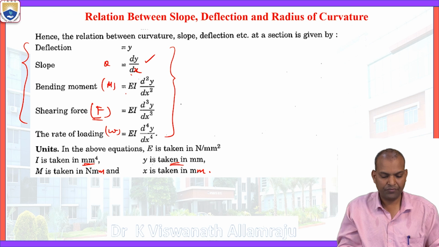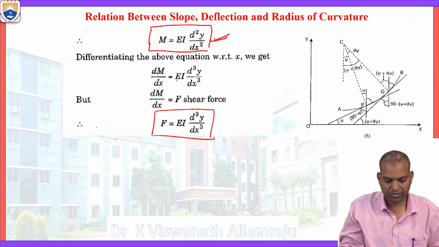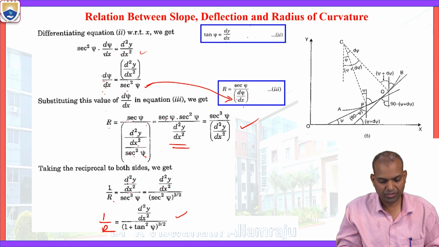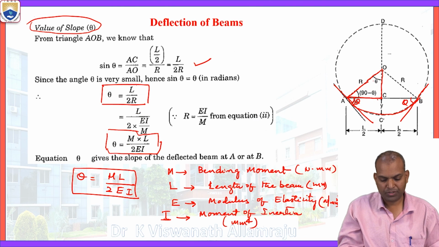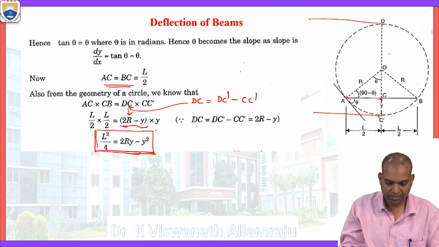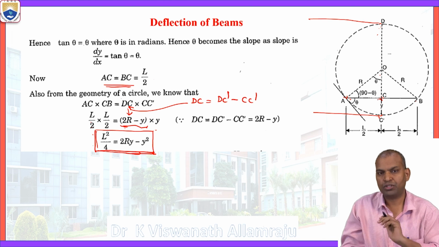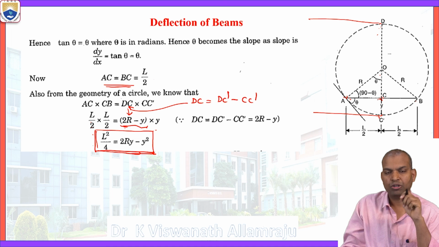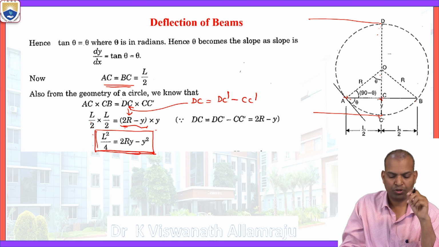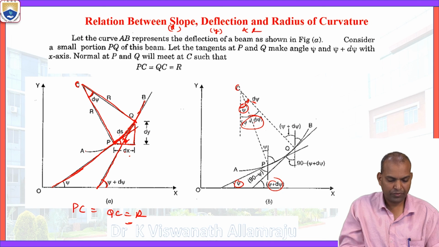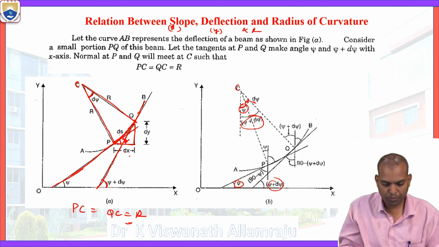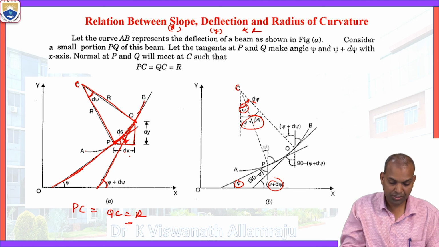So in this section, let us recapitulate what we have discussed. What is the deflection of beams? We studied the introduction, and the slope and deflection of a simply supported beam with a point load acting at the midpoint, and the slope and deflection equations. We also studied the relationship between slope, deflection, and radius of curvature.